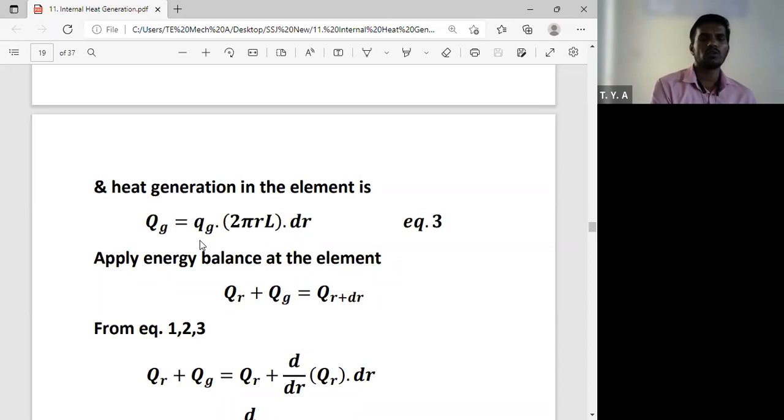Okay, so write down capital QG is equal to small qg into 2 pi RL into dr. Okay, so 2 pi RL into dr is nothing but volume of that particular element.